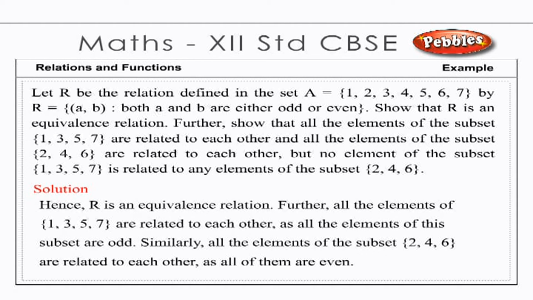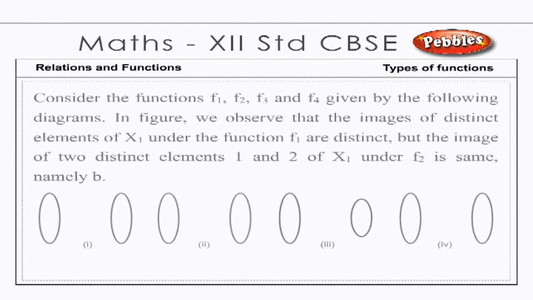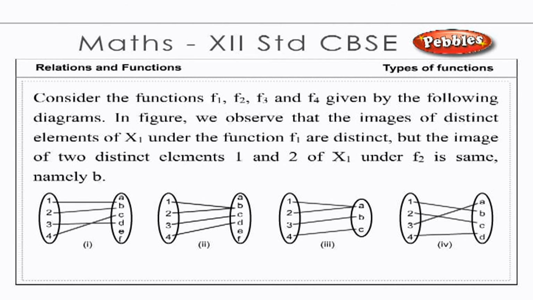Types of functions. Consider the functions f1, f2, f3 and f4 given by the following diagrams. In the figure, we observe that the images of distinct elements of X1 under the function f1 are distinct, but the image of two distinct elements 1 and 2 of X1 under f2 is the same, namely b.